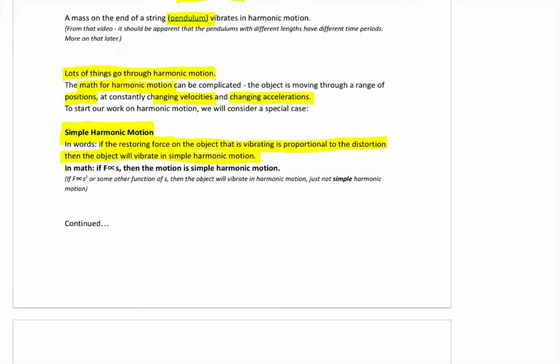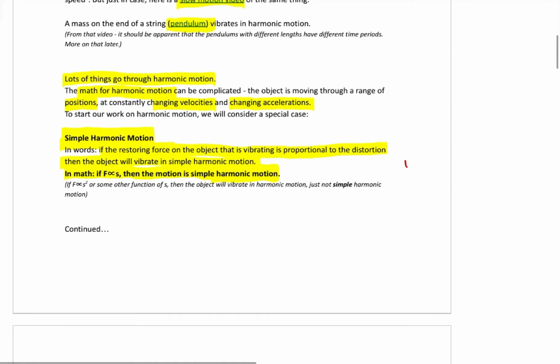If we write it out in math, if we do a free body diagram and when we're done looking at the force we build an equation, and it works out that the force is equal to a bunch of constants multiplied by S, that means that the force is proportional to S. If it ends up that the force looks like that, then we can say that it's simple harmonic motion.